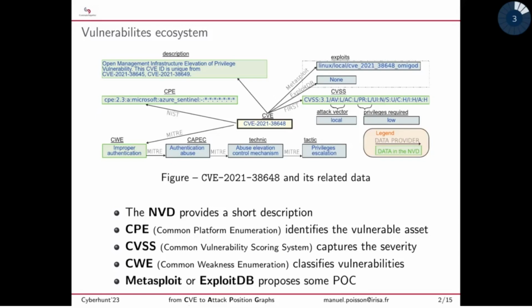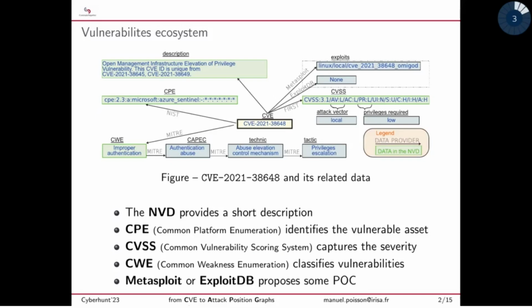We also have the CVSS, the Common Vulnerability Scoring System, which gives an idea about how critical the vulnerability is based on a vector that has different components. For example, the CVSS gives us the attack vector, which is local in this example, and the privilege required to exploit the vulnerability, which is low here and can be medium or high.